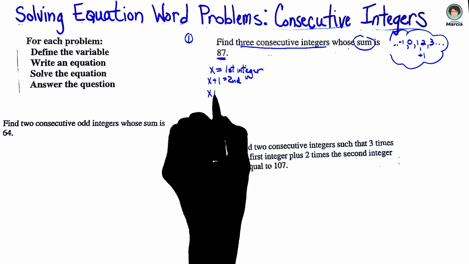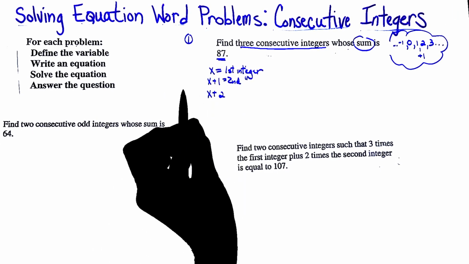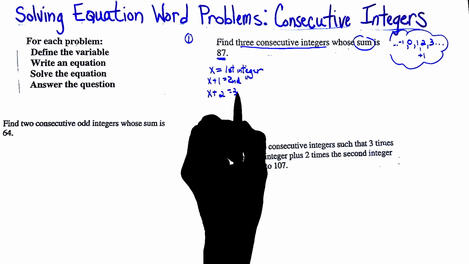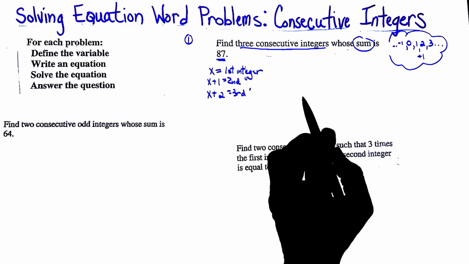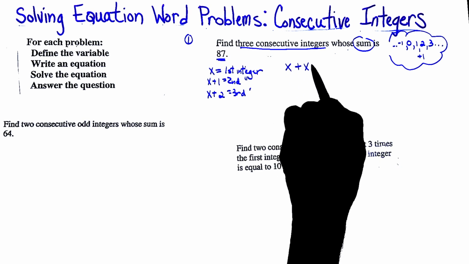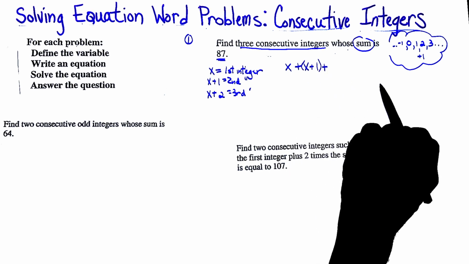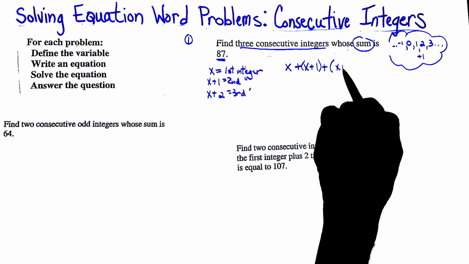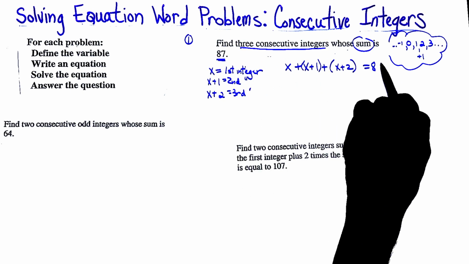And my third integer is going to be x plus 2. So there I have defining my variable. Now I'm going to write my equation. So I know that it's x plus x plus 1 plus, and this one was your second integer, x plus 2 is equal to our total of 87.